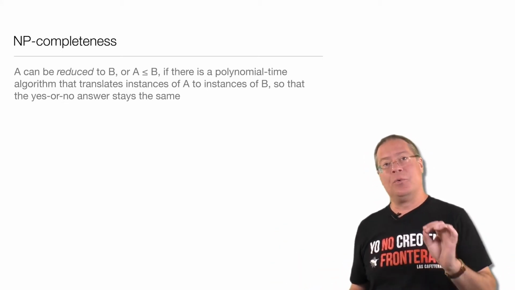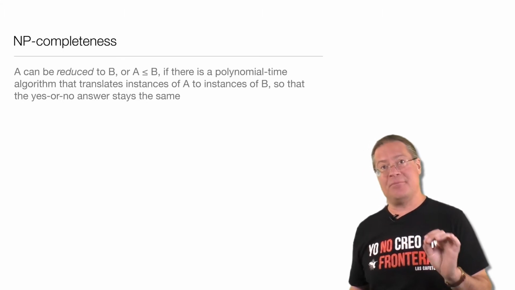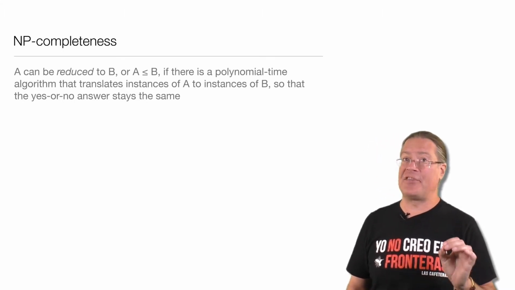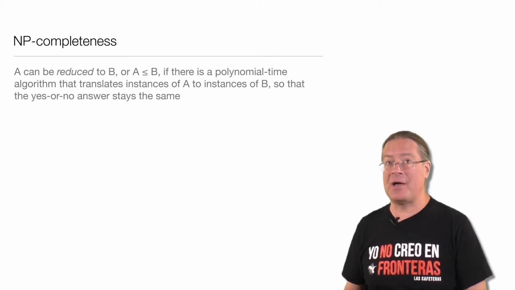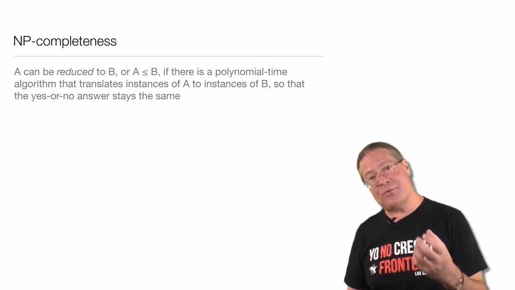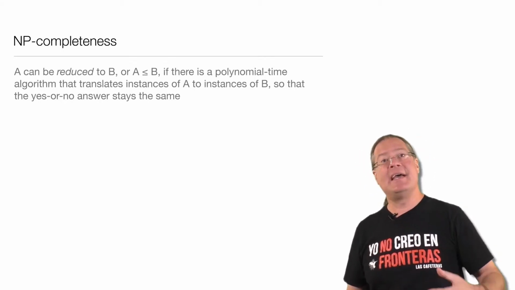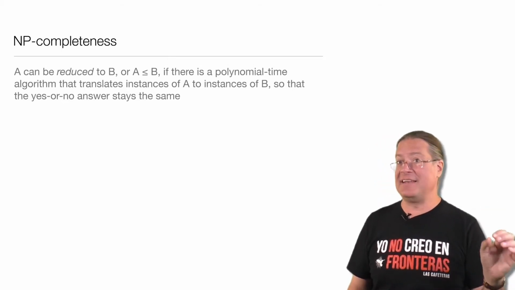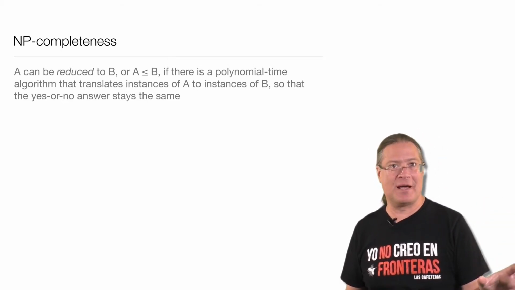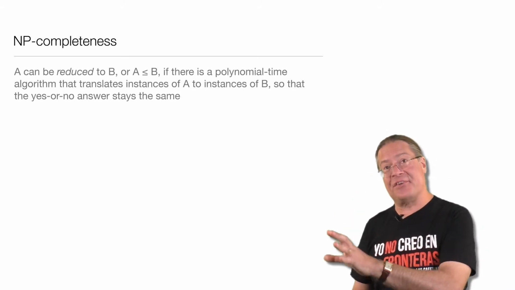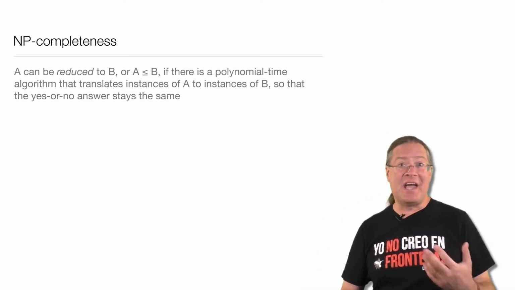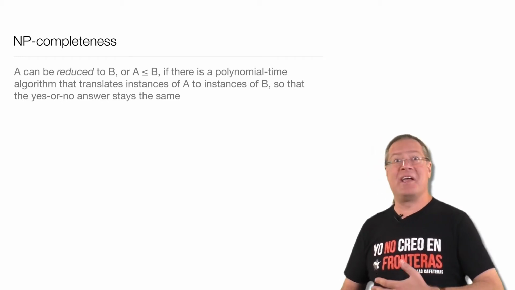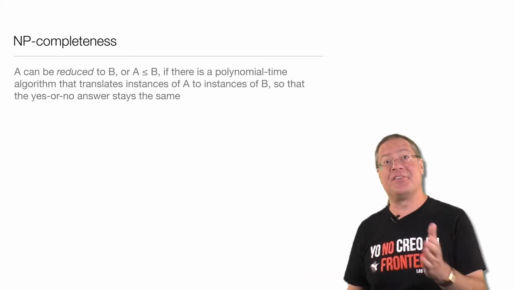So, we'll say that A can be reduced to B, and we'll write A ≤ B, if there is a polynomial time algorithm which can translate or transform any instance of A, any example of A, like a particular graph, to an instance of B, so that the answer yes or no stays the same.